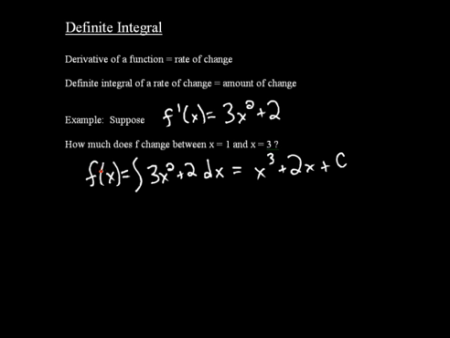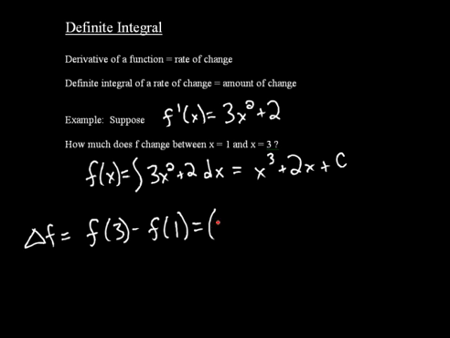Now, if I want the change in my function between x equals 1 and x equals 3, well, I can just find its values and subtract, right? So I would take f of 3 and subtract f of 1. And that will give me my change in f, which I'll write as delta f here. Well, I've got a formula for f.